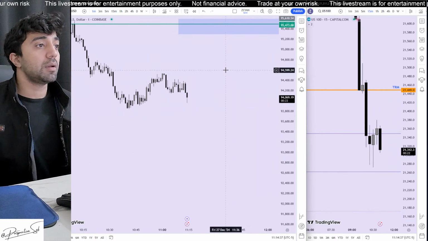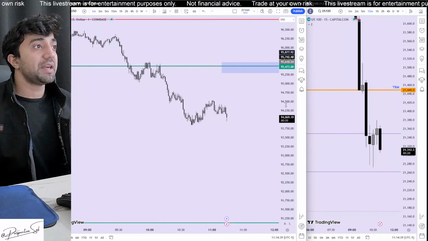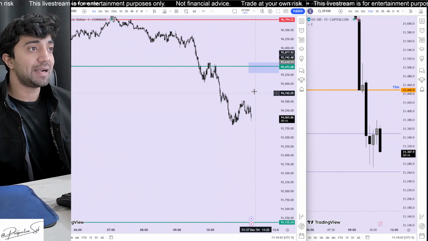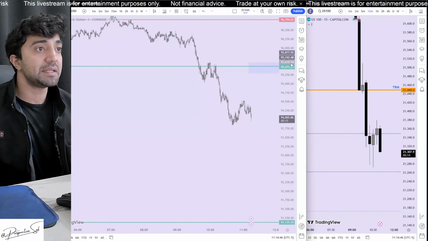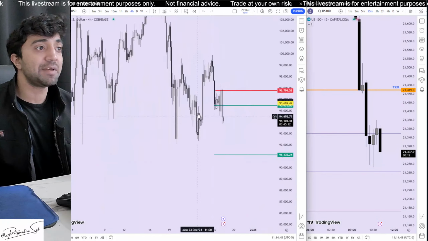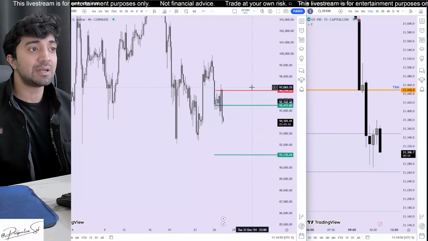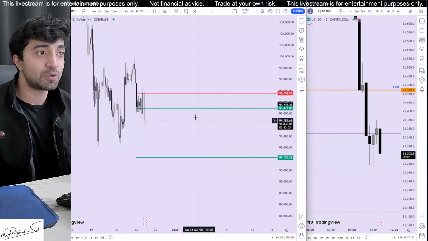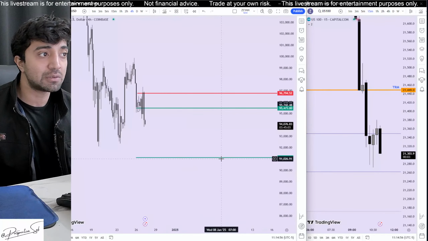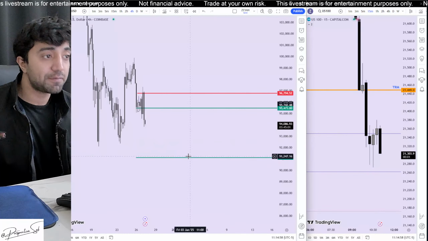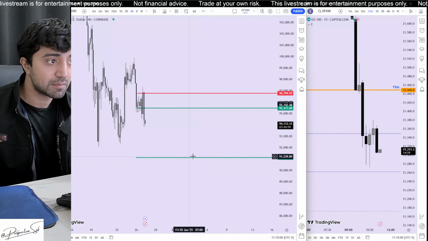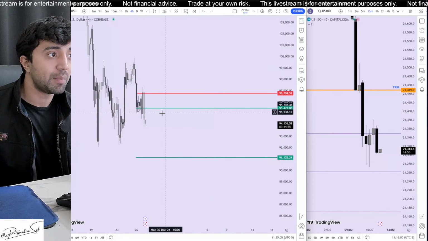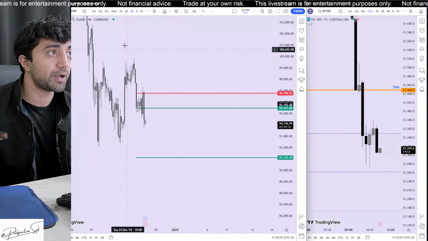So we have made a higher time frame bias. You can generally think in the higher time frame that we are going to make some sort of long range. Here we will chop between these two points, from 95,000 to 91,000. Then if this price held and gives a lot of support, we are going to move up, using these two as reference points.